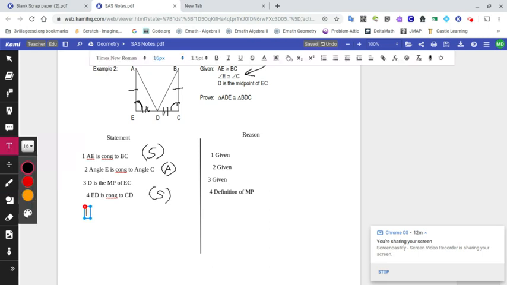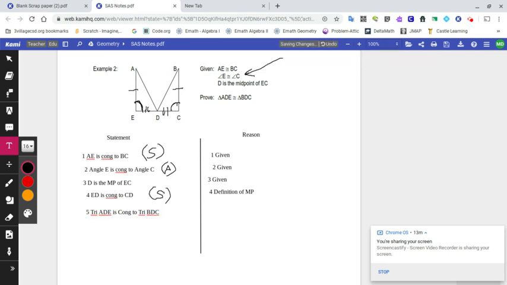So I'm finished. I always have to state at the end that the prove statement should be my last statement of my proof. It's like the defense or the prosecution saying, we rest our case. So 5, triangle ADE is congruent to triangle BDC.